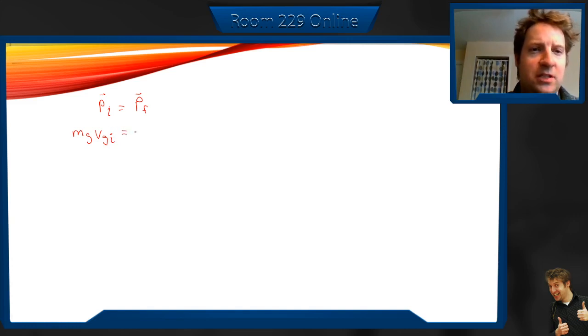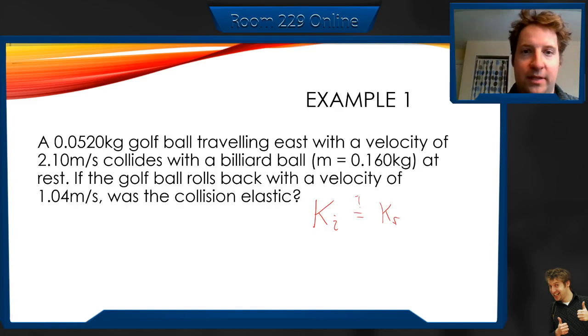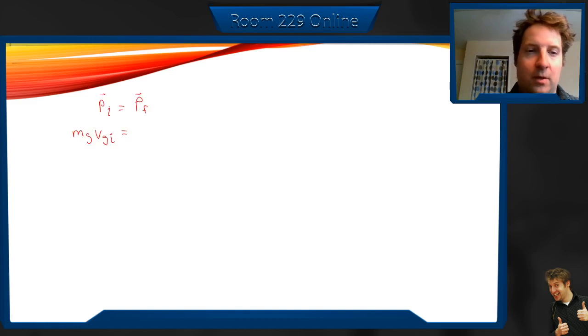Because this is a one-dimensional system, let's get rid of the vector sign. That's equal to the mass of my golf ball times the velocity of my golf ball afterwards, plus the mass of the billiard ball times the velocity of the billiard ball afterwards.